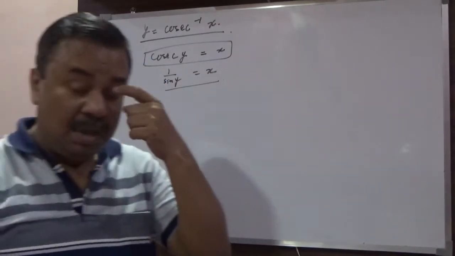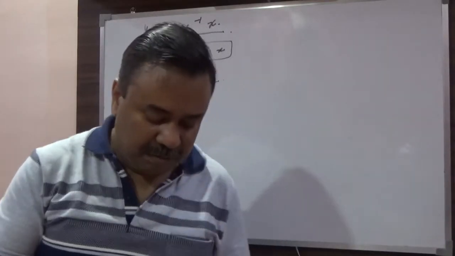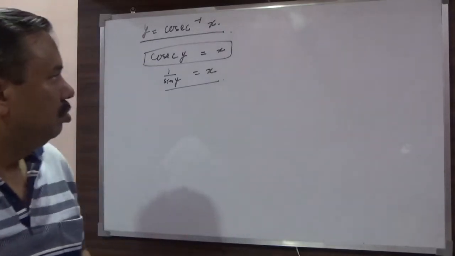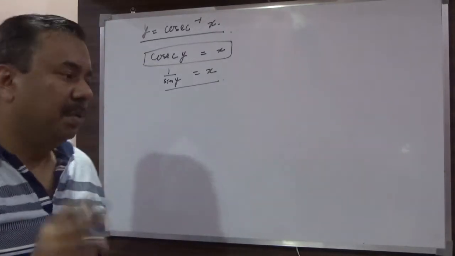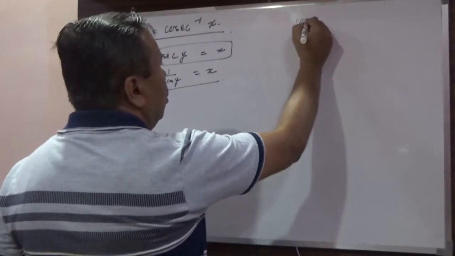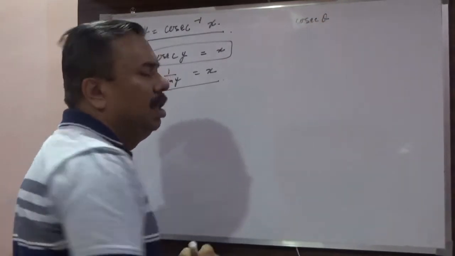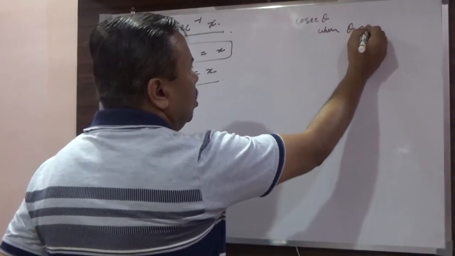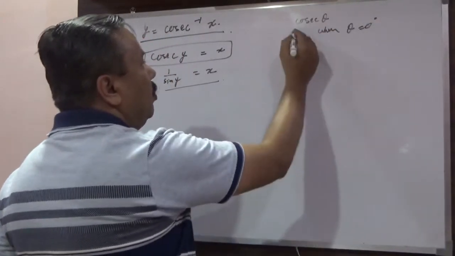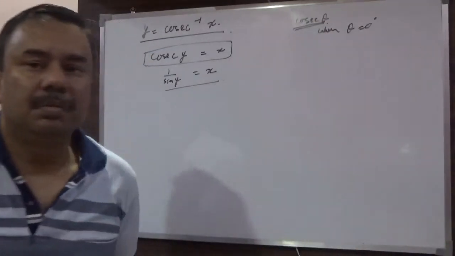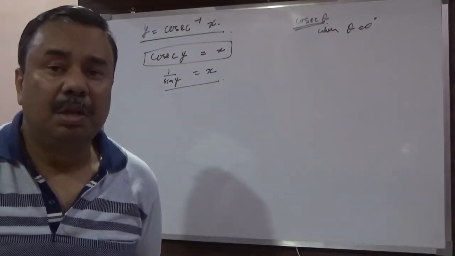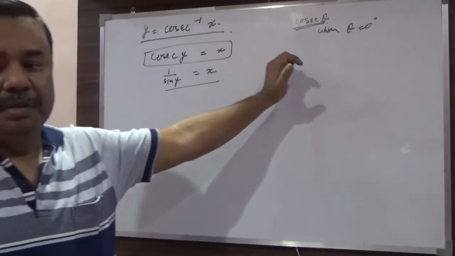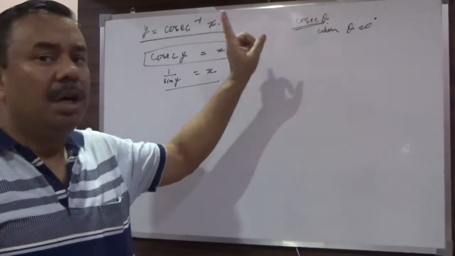Got it? But you see, suppose there is cosec theta. If I have to find out cosec theta when theta is equal to 0, what will be the value of this? Do you remember? It was not defined.